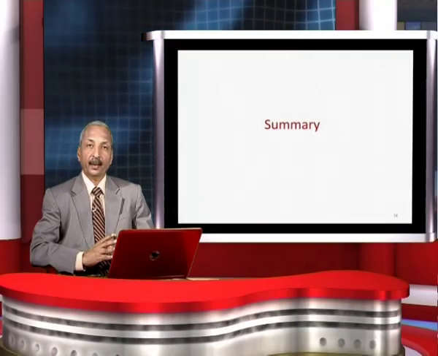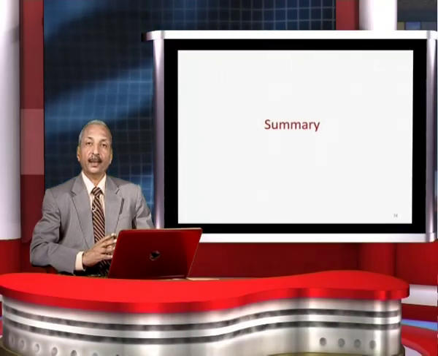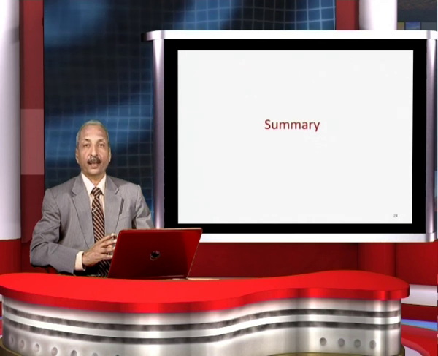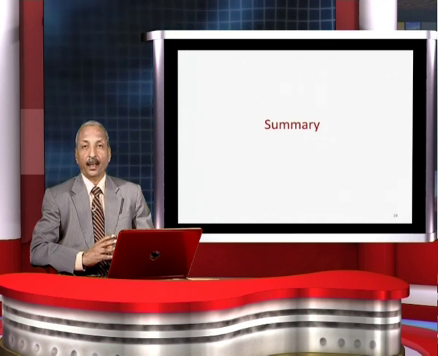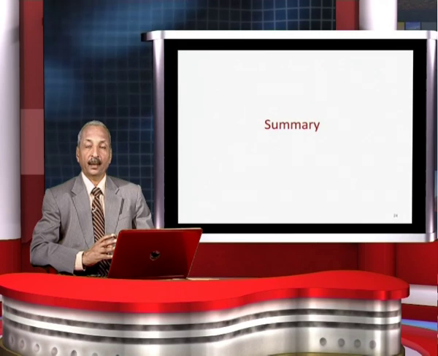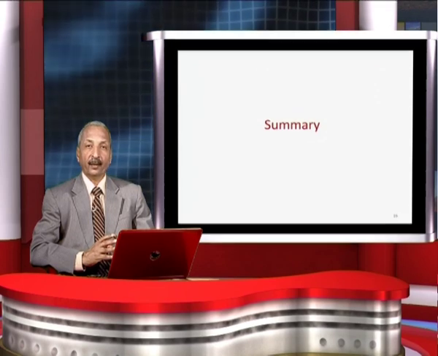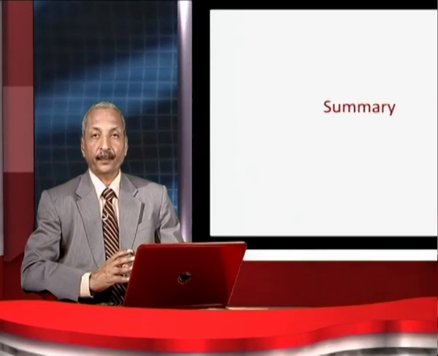Today we have started our discussions on analysis of time series and forecasting methods. And we have seen that there may be 4 kinds of variations present in a time series. These are secular trend, cyclical fluctuations, seasonal variations and irregular variations.